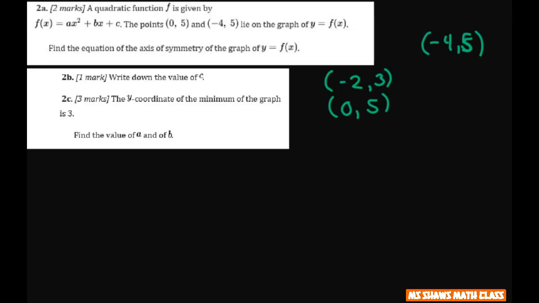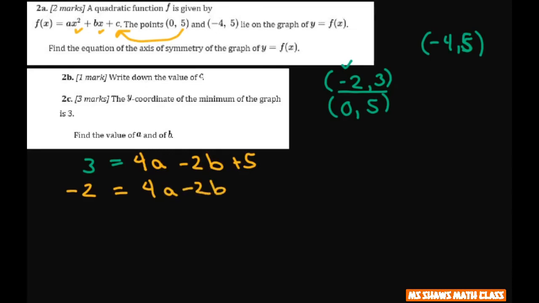When I plug in (-2, 3), I'm going to get 3 equals, now for the -2, plug that in all your x's. So it's going to be 4a minus 2b, and c is 5. Remember, c is 5. And let's clean this up. If you subtract 5 from both sides of the equation, you'll get -2 equals 4a minus 2b.